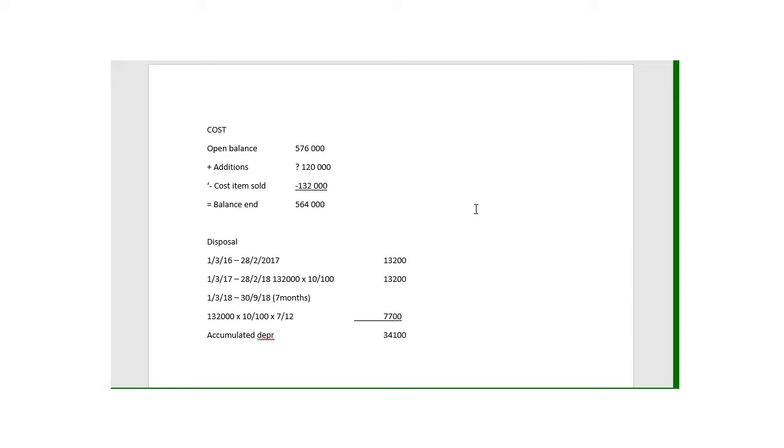But for disposals on the note 3, I want to work out the carrying value. So I must work out the carrying value for the item sold. And the carrying value is simply the cost minus the accumulated depreciation up to the date of sale.